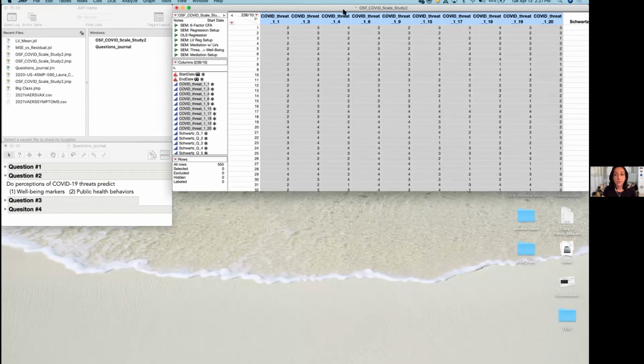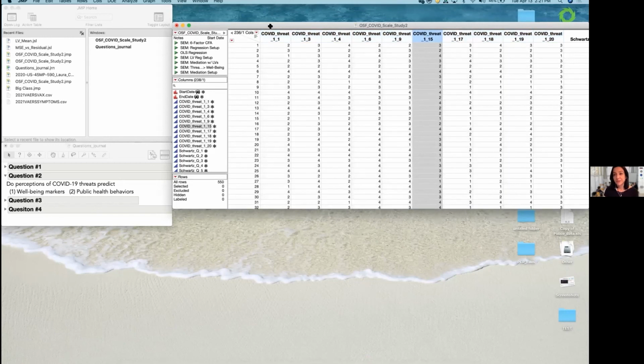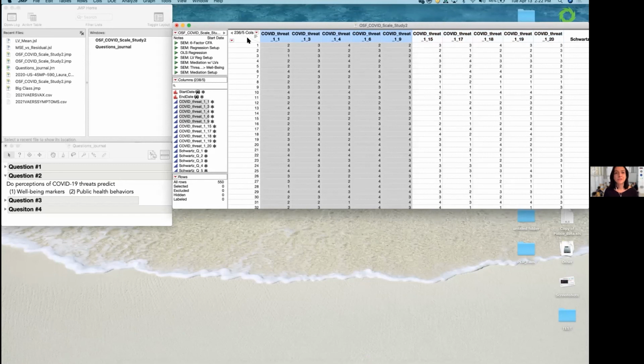To show you an example, I have that example here where I have already created averages of the first 5 indicators of the realistic threats and also for symbolic threats.